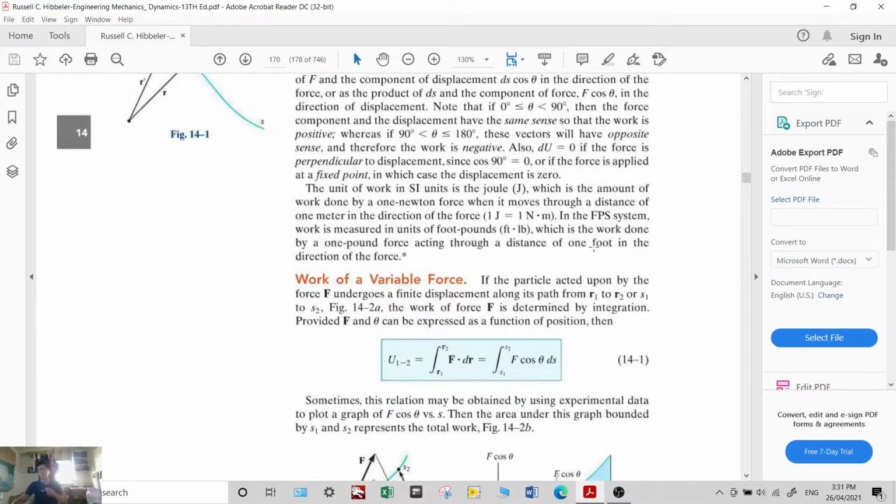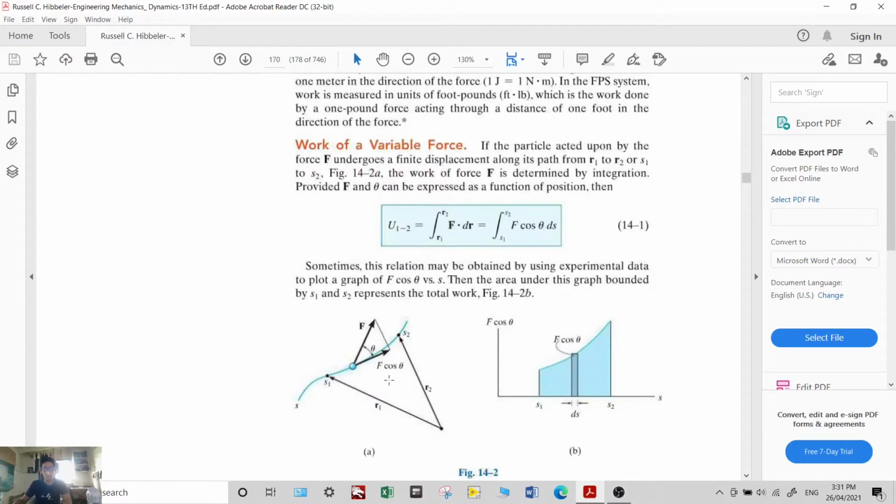Okay, let's proceed with determining the work that is done by a variable force. What if the force that is acting on the particle varies as it goes from point 1 to point 2?